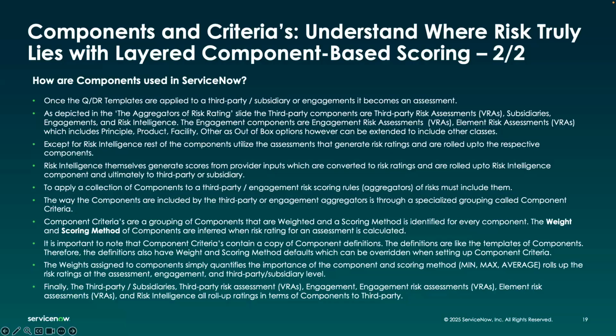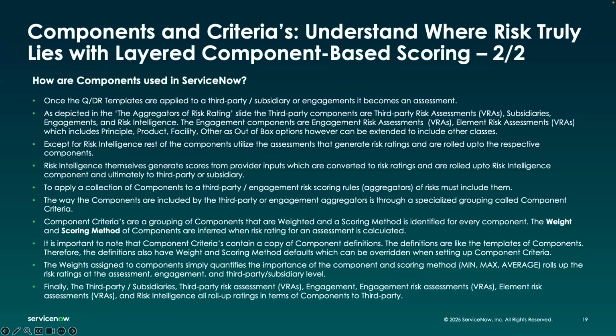To begin with, once a questionnaire or document request template is applied to a third party, a subsidiary, an engagement, or an element, it becomes a live assessment. These assessments are what begin generating risk ratings, which are then organized and interpreted through the lens of components.